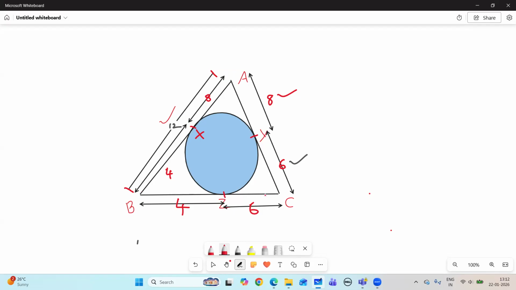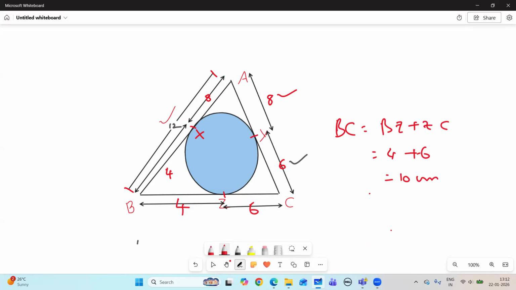BC is BZ plus ZC, that is 4 centimeters plus 6 centimeters, that is 10 centimeters. So that's how we can calculate BC.